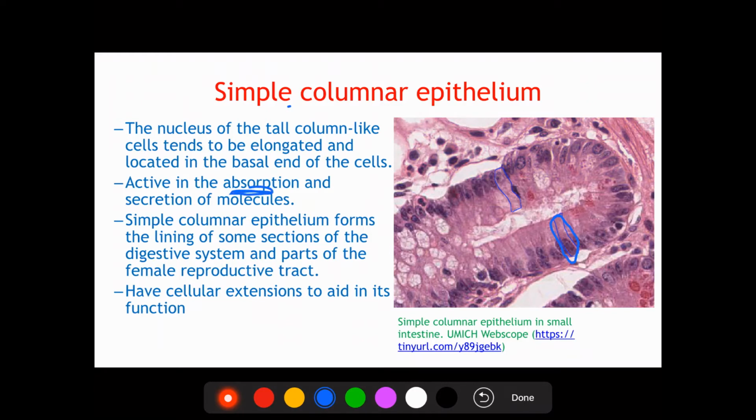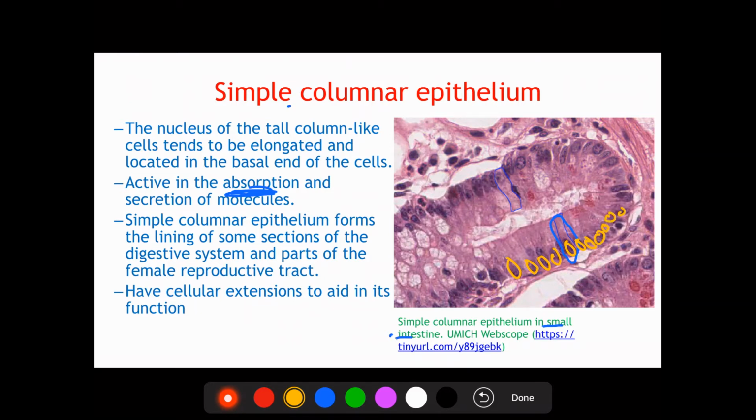Like here in this example, this is in the small intestine. Why? Because we need absorption. Okay, and if you remember when we talked about the polarity of the cells, you can notice here, all of these dark spots, which are turning yellow now, these are the nuclei.